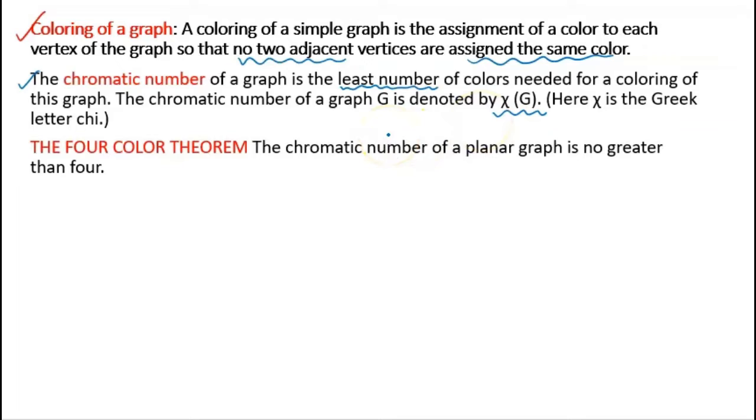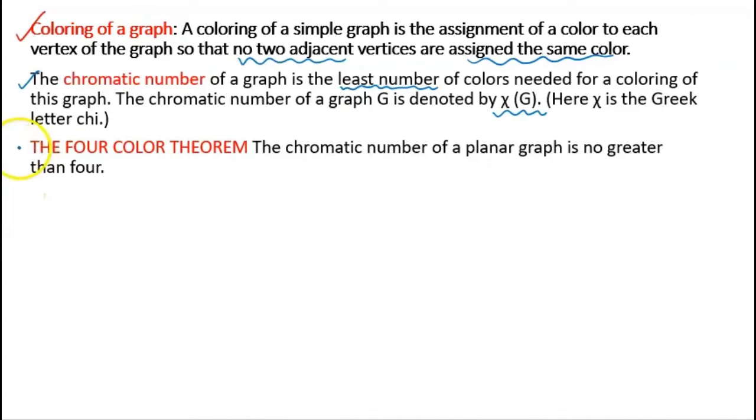So what is the chromatic number? Chromatic number is the least number of colors needed for coloring of a graph. And what is coloring of a graph? By coloring of a graph we mean that its vertices should be assigned colors in such a way that no two adjacent vertices get the same color.